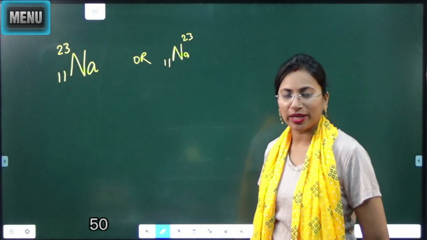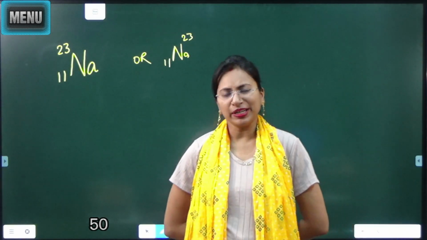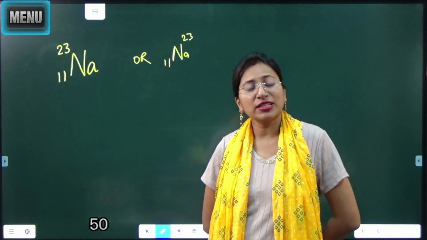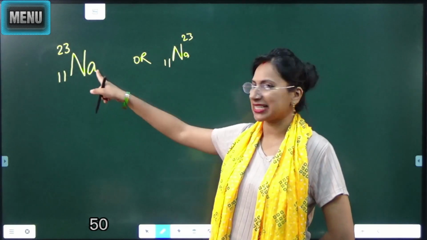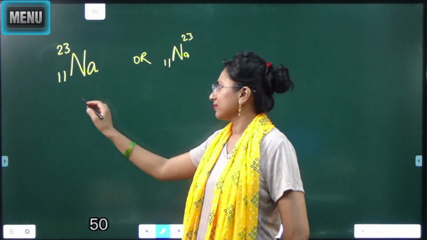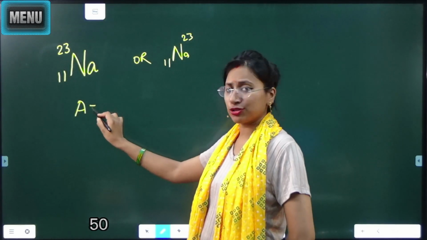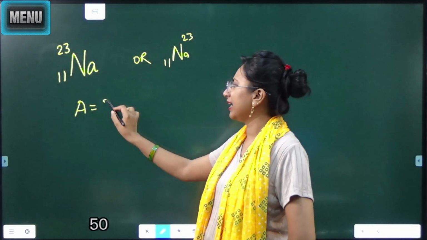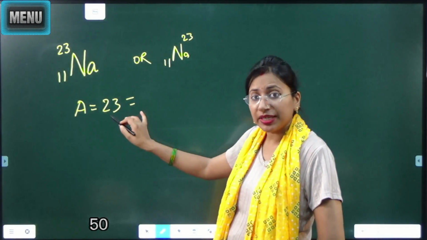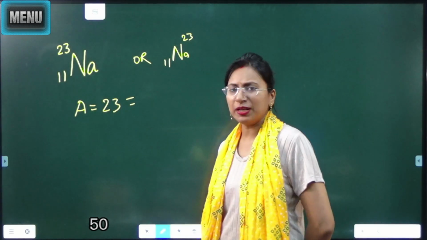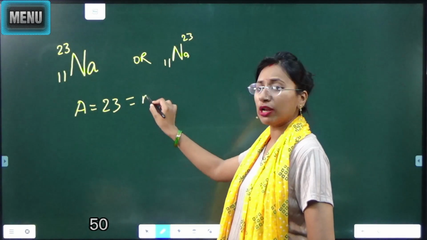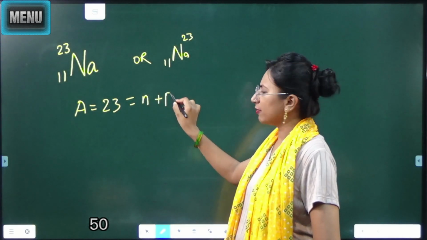Now let us come to the numerical value and calculate the number of neutrons and number of protons present inside this sodium element. A denotes the total number of nucleons, that means A is equal to 23. Let us represent the total number of neutrons with small n and the total number of protons with small p.